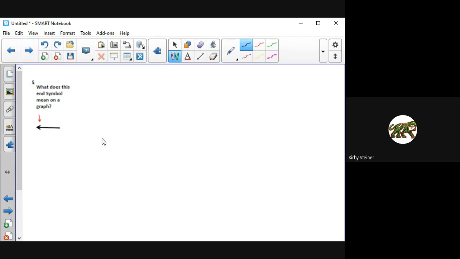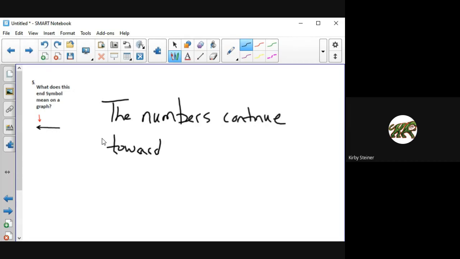So if we see a line with an arrow at the end, just one arrow at the end, what this means is that the numbers are going to continue toward infinity in one direction.